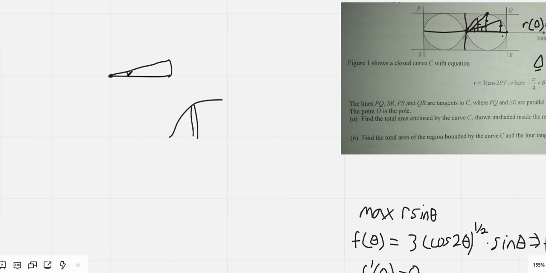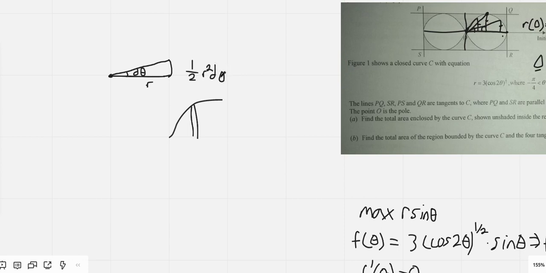Then, if we have some little d theta, we're trying to calculate the area of this little wedge, which for very small d theta is just a circular arc with radius r. And so the sector formula gives that this is 1/2 r squared d theta.